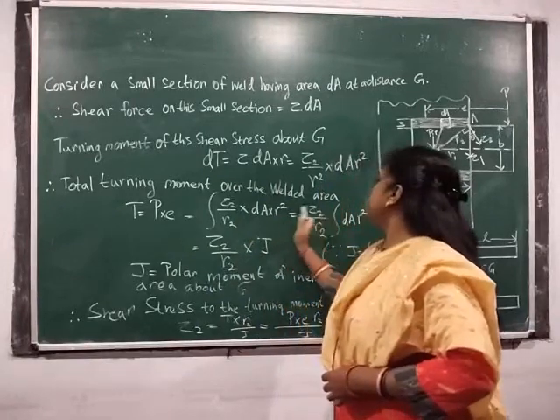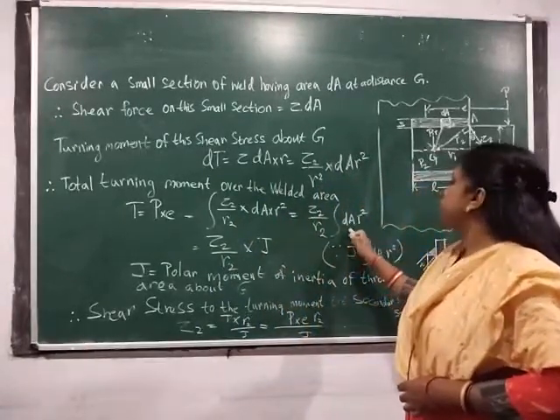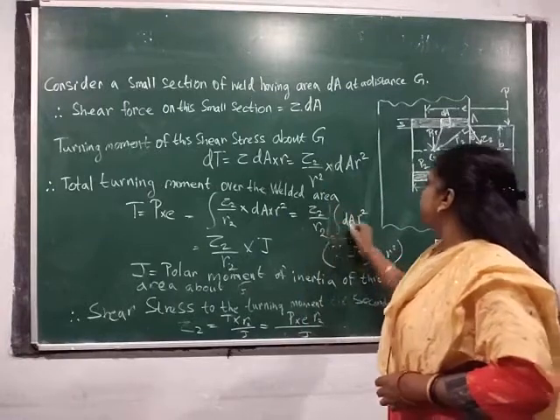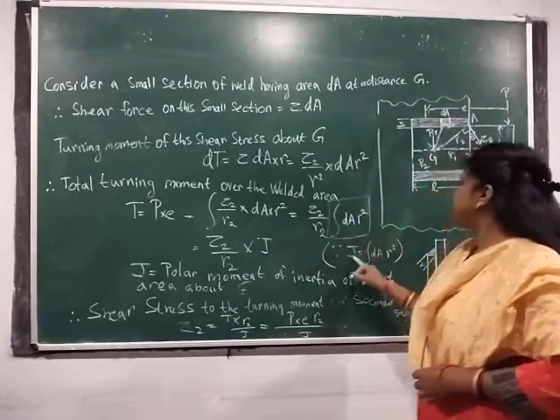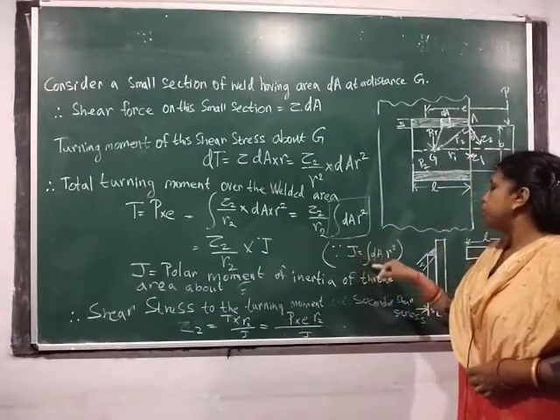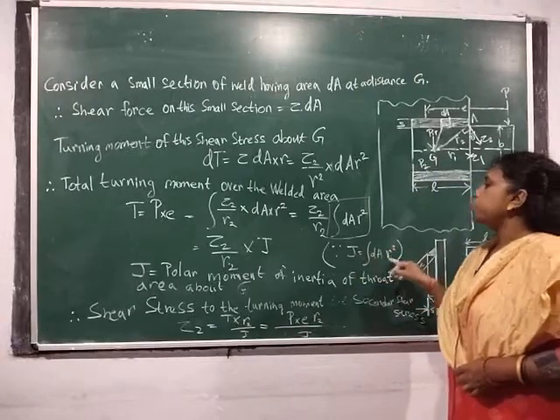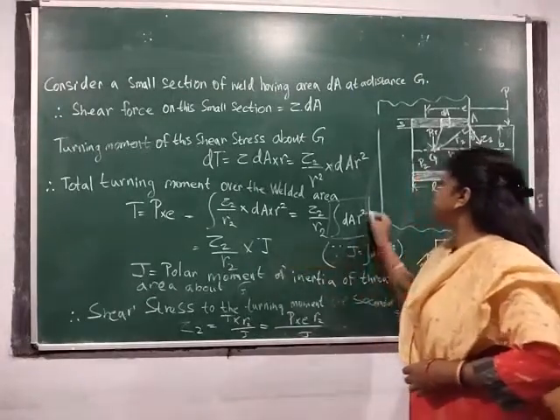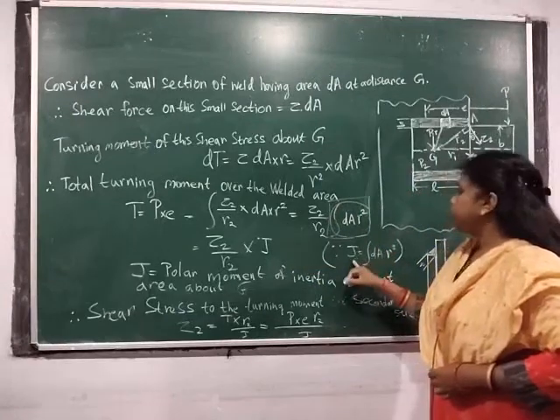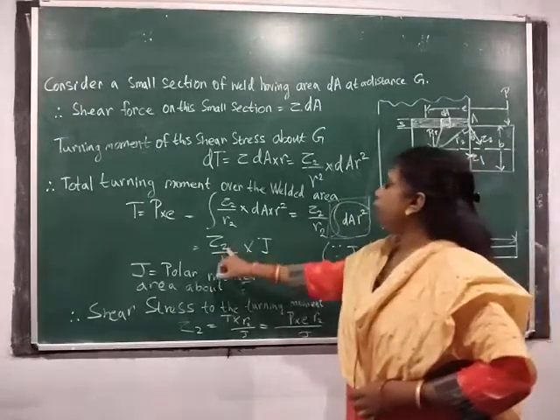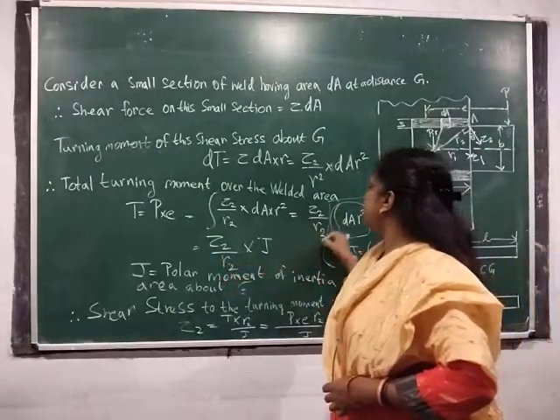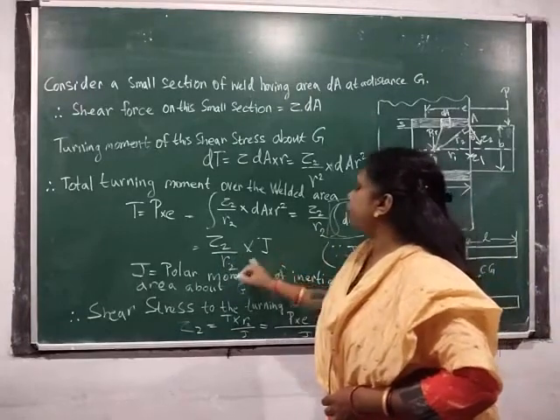This is a constant, so it comes outside. The integration of this part I am writing as J. So tau 2 by R2, and in place of this integral I am writing J. And what is J?